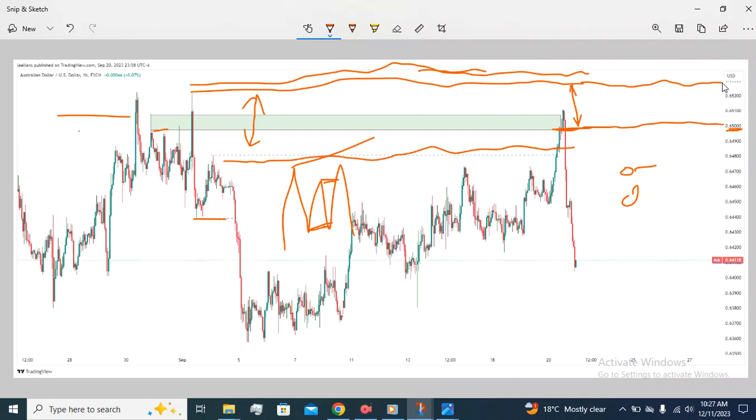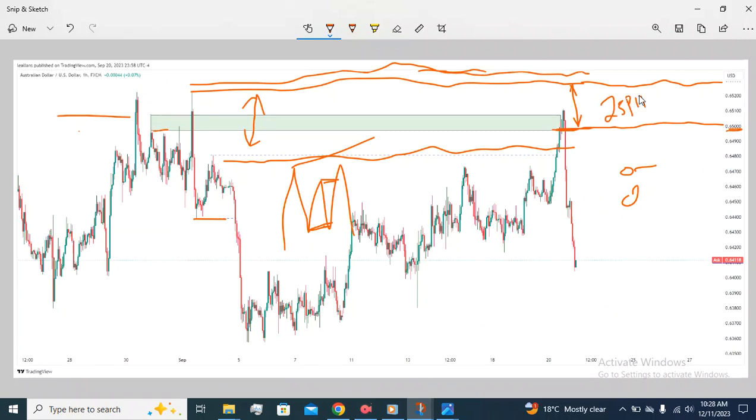You can do that math. 0.65250 take away 0.65000 will give you around 25 pips. This was a trade to risk 25 pips.